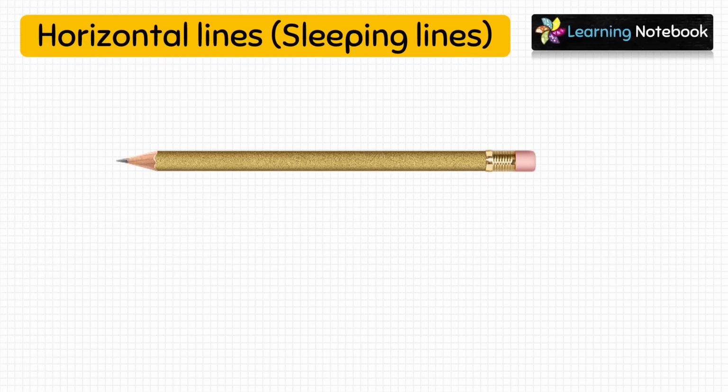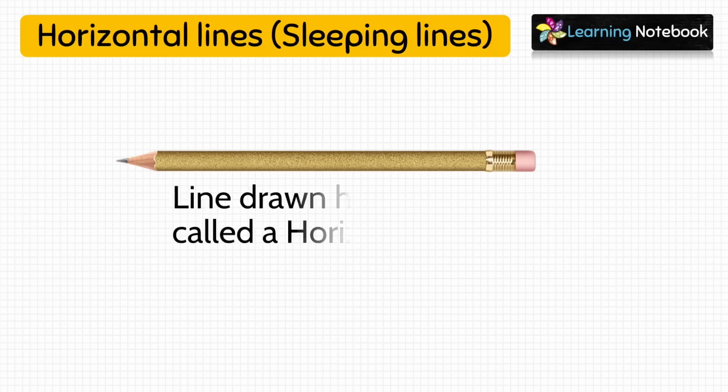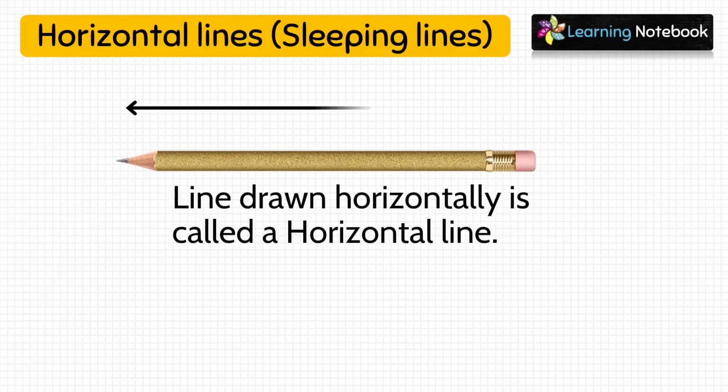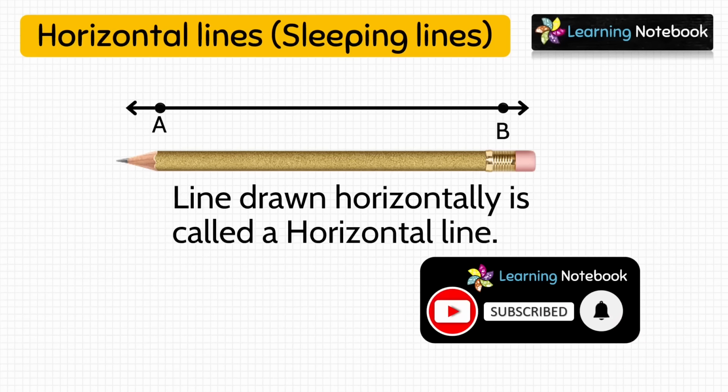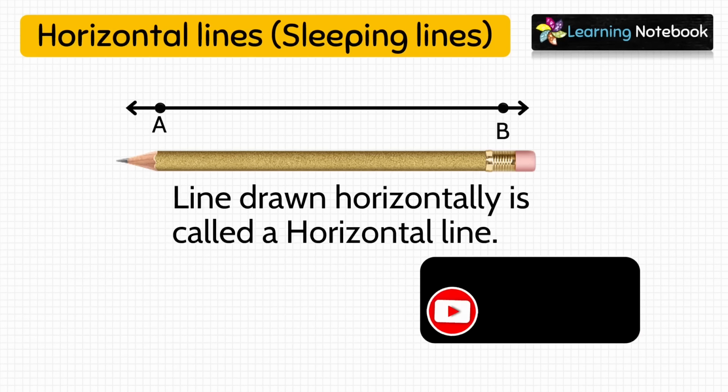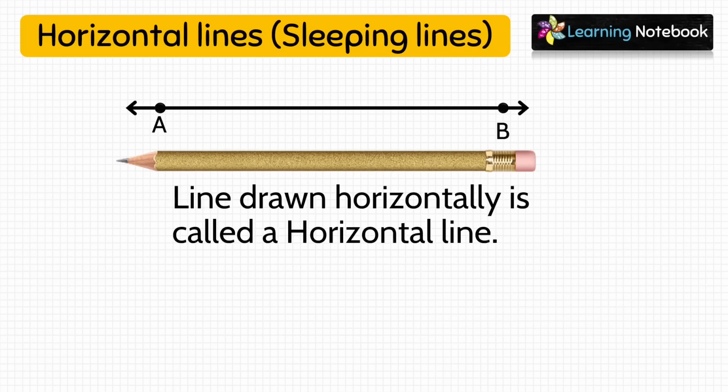Similarly, a line drawn horizontally is called a horizontal line. Like here, this line AB is drawn horizontally and therefore it is a horizontal line.